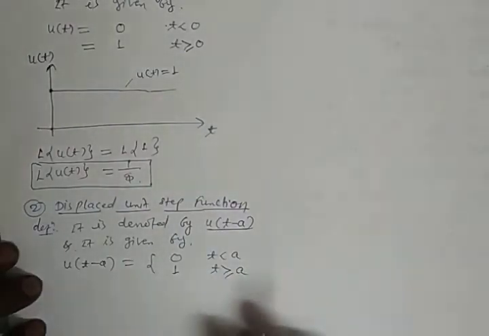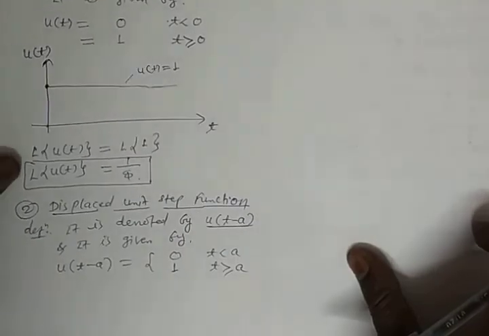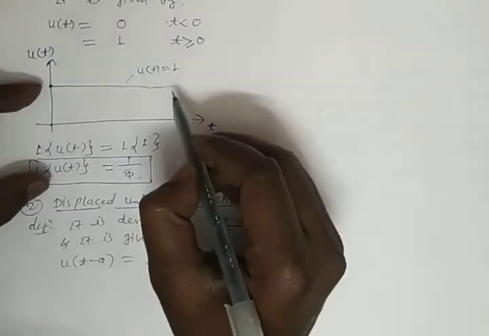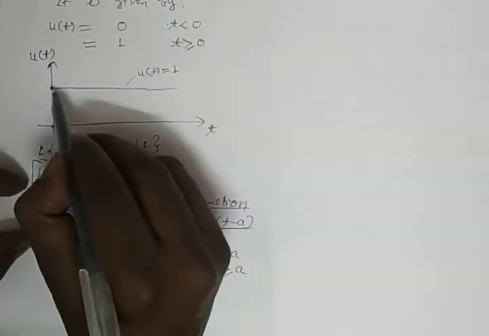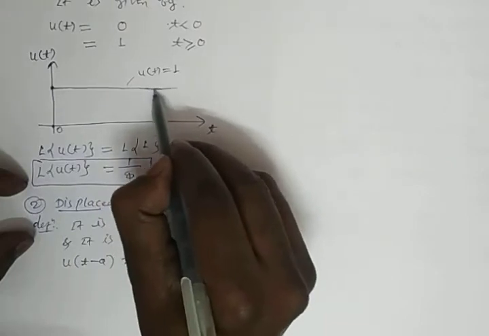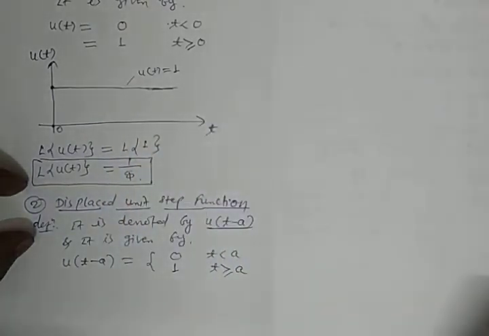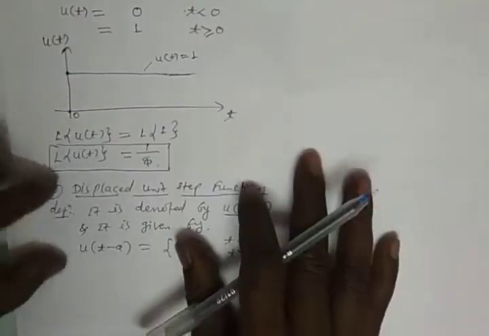That means the difference between the unit step function and the displaced unit step function is that the unit step function starts from 0 and goes up to infinity, and the value of that function remains constant. But in the displaced unit step function, what happens? Look at this in the graph.